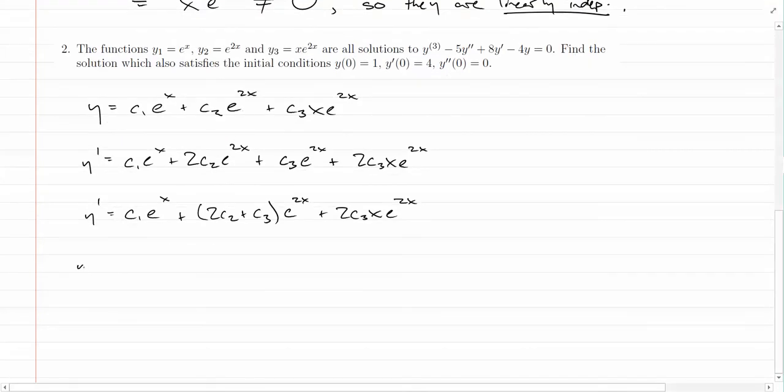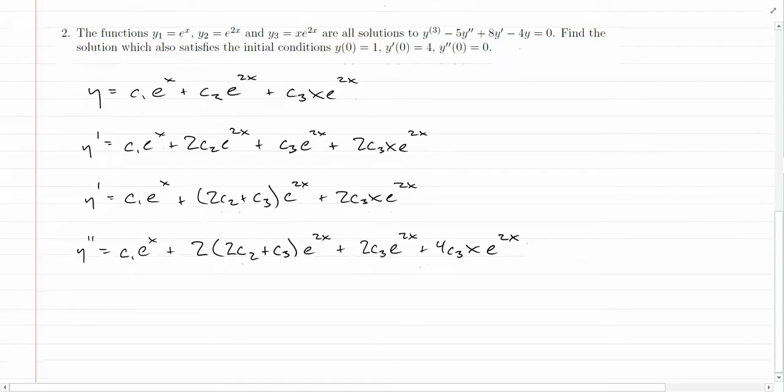Okay. Then we've got to do it again. We've got to find y double prime. So what's that? That's going to be c1 e to the x plus 2 times this coefficient e to the 2x plus, and then again we've got to use the product rule here. So this would be 2c3 e to the 2x plus 4c3x e to the 2x.